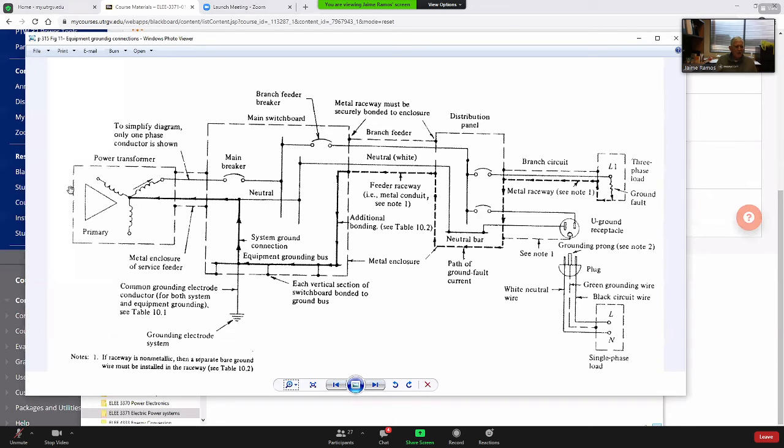We have an enclosure on the transformer. We have an enclosure on the utilization device, and we have another enclosure here on the other utilization device. So here is showing a fault from line 1 to ground.